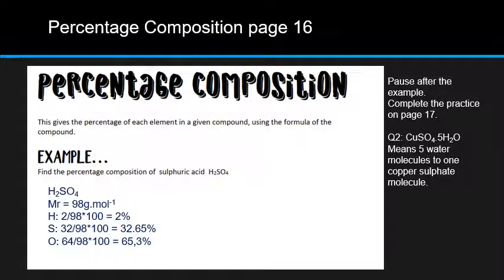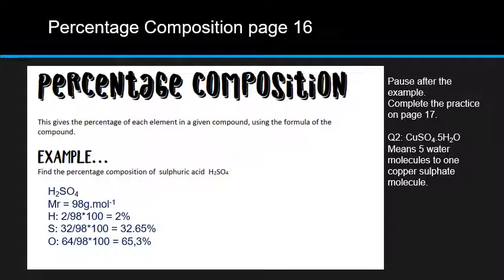Hopefully you are all on page 16 of your stoichiometry booklets. You see it's at the bottom of the page after you've done those empirical formulas. It gives a little definition of the percentage composition, and then there's an example using sulfuric acid. I've broken it down here for you guys. You're obviously going to write down your formula first.